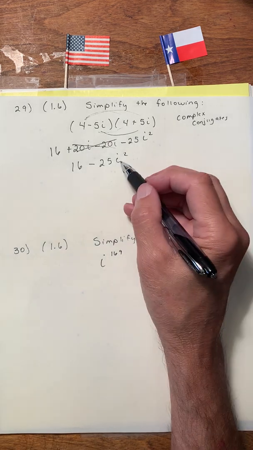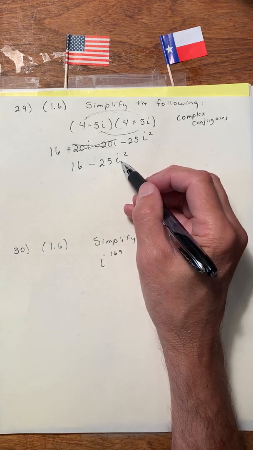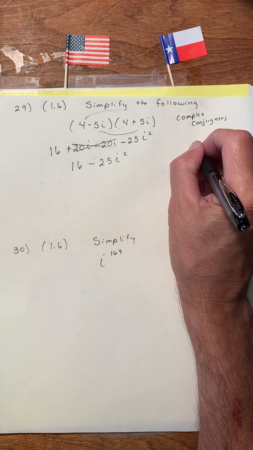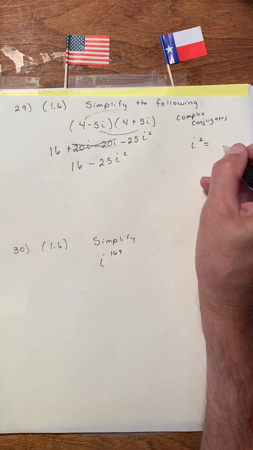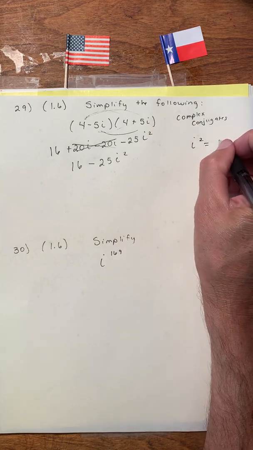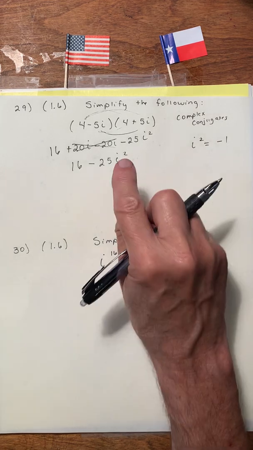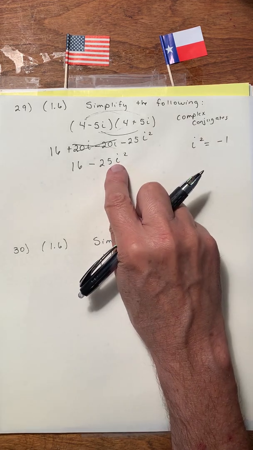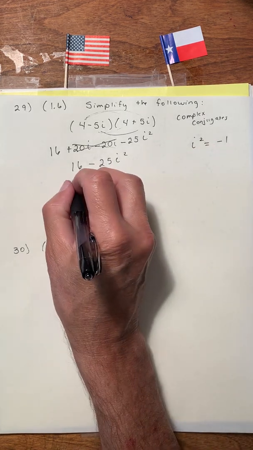But keep this in mind. i squared is never in a final answer. i squared, by definition, working with complex numbers, is negative 1. So everywhere there is an i squared, I'm going to substitute negative 1.